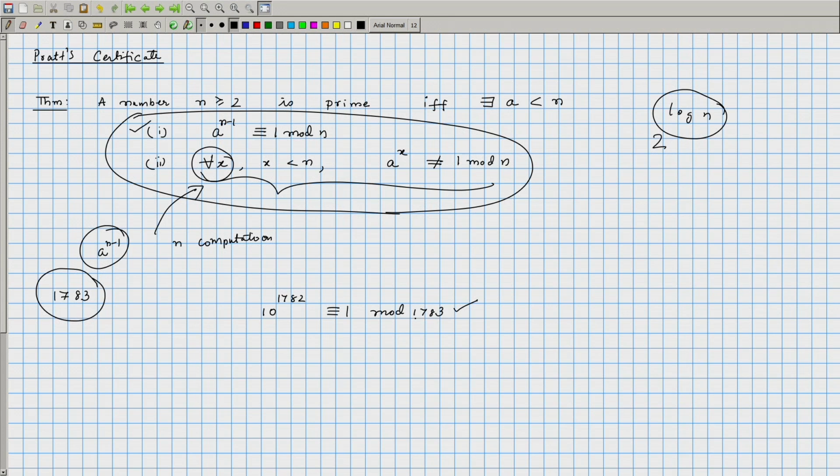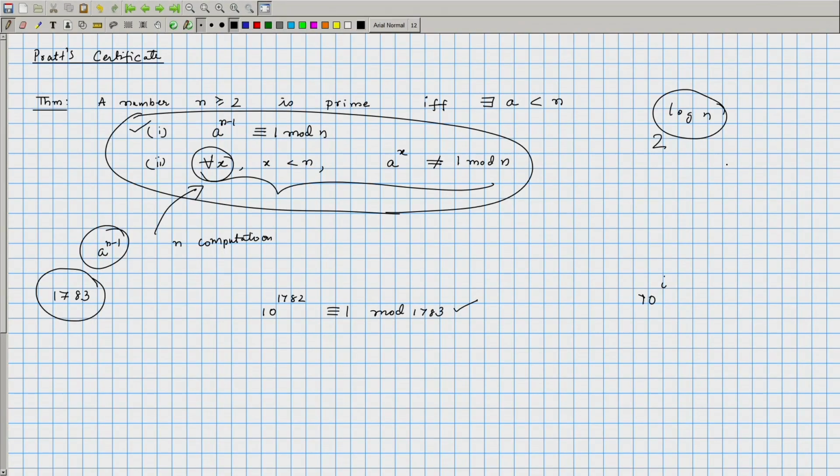But now, how do I know that 10 to the power i, where i varies from 1 to 1782, none of them will give me 1? Instead of checking all of them, I will check only a few numbers, and these numbers depend on 1782.